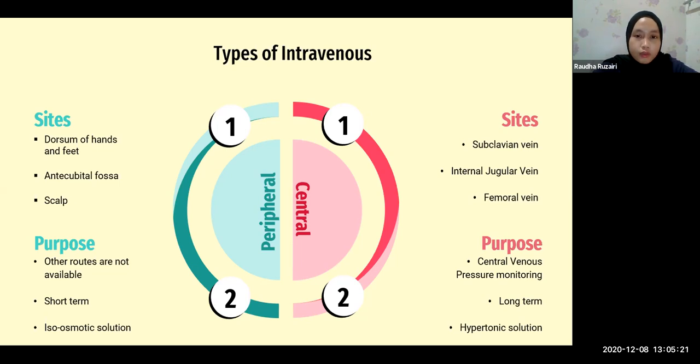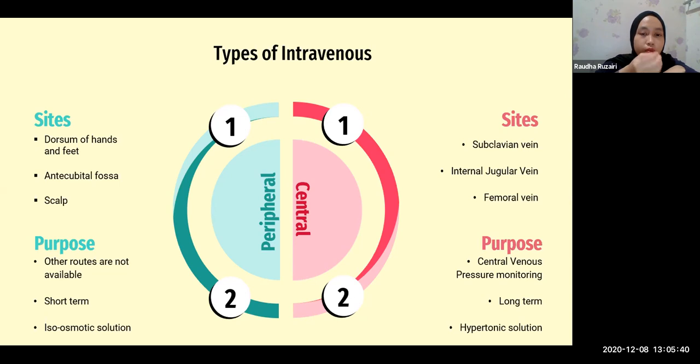Why is peripheral intravenous only for isoosmotic solution? It is because, as we know, blood flow at the peripheral is lower. So when we administer hypotonic or hypertonic solution, it will cause an osmotic pressure gradient.